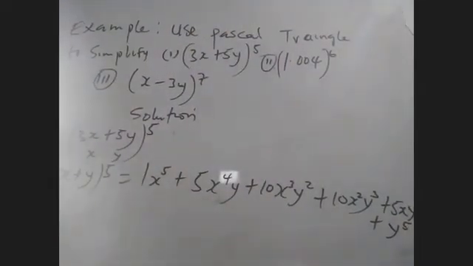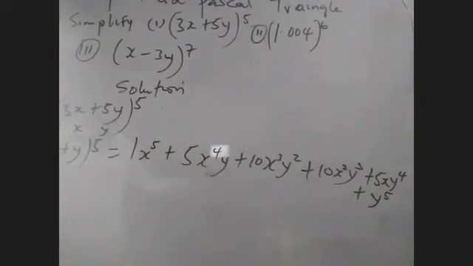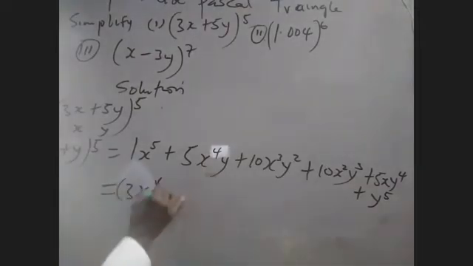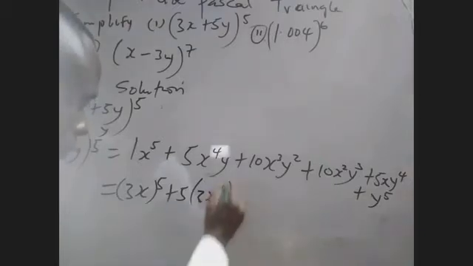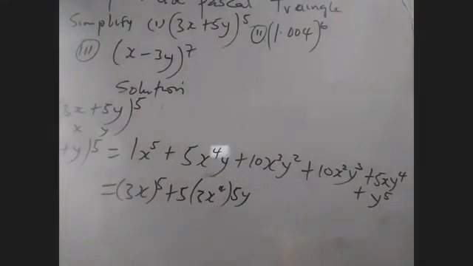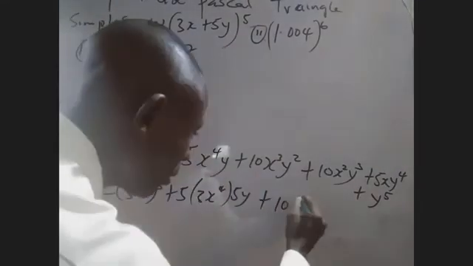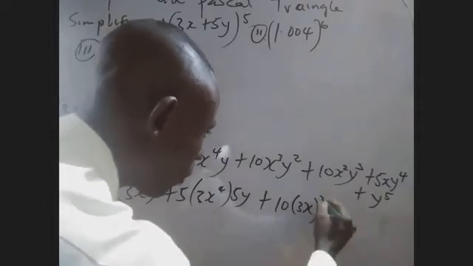So if we put 3s and 5y in the place of s and y, this will give us (3s) raised to the power of 5 plus 5 into bracket (3s) raised to the power of 4 bracket (5y), plus the next one is 10 into bracket (3s) raised to the power of 3.